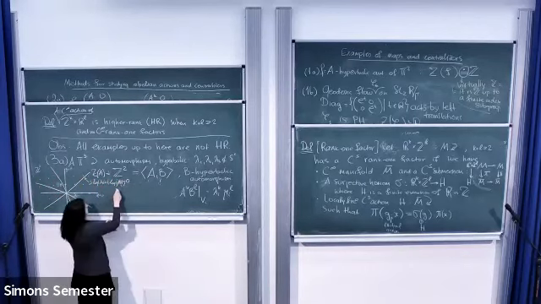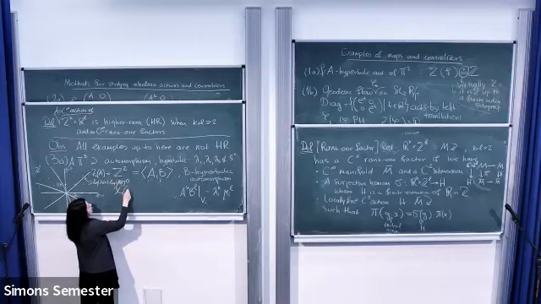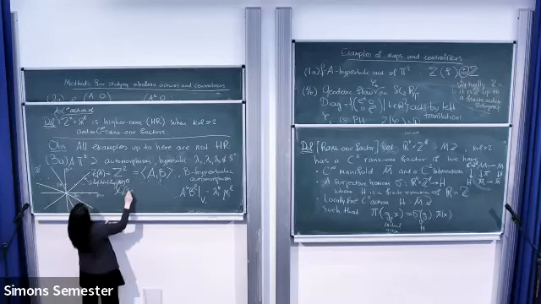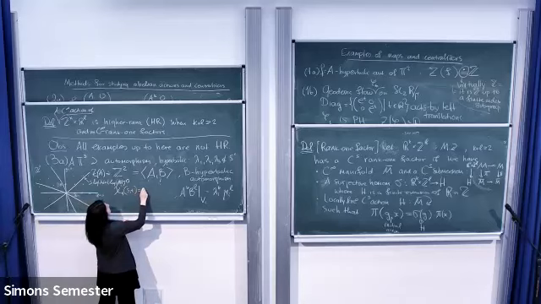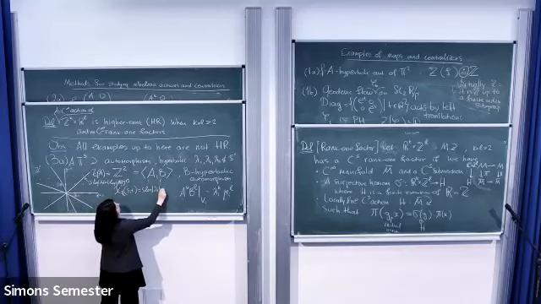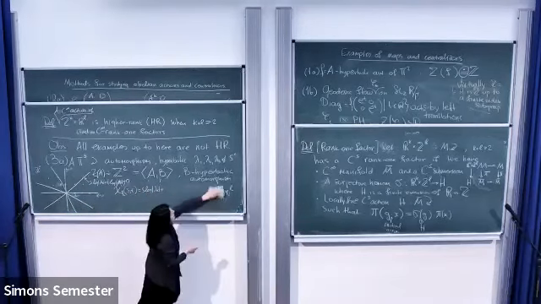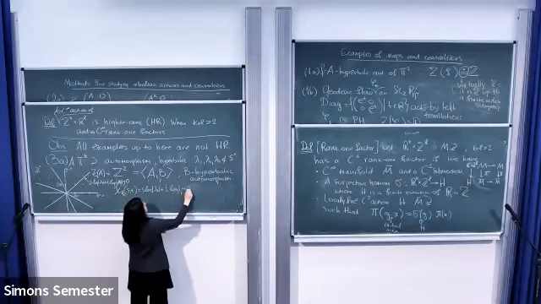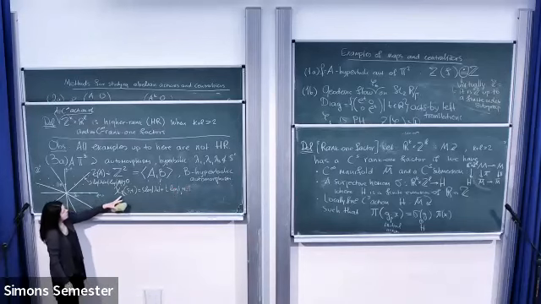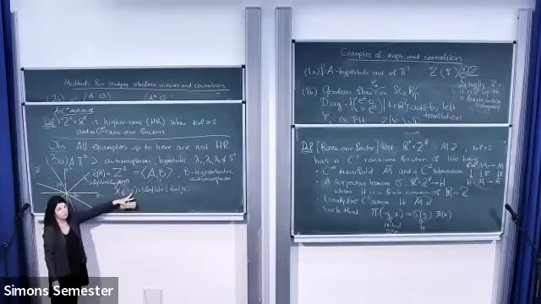So let's define it. Chi_i of (S,T) is S log lambda_i plus T log mu_i. So these are functionals which live on R^2.